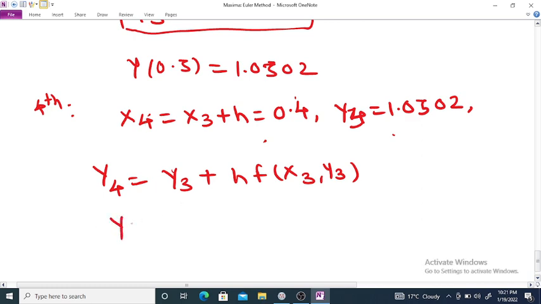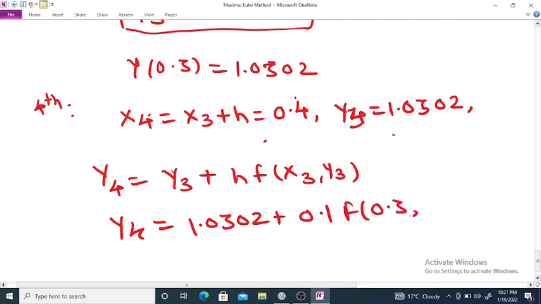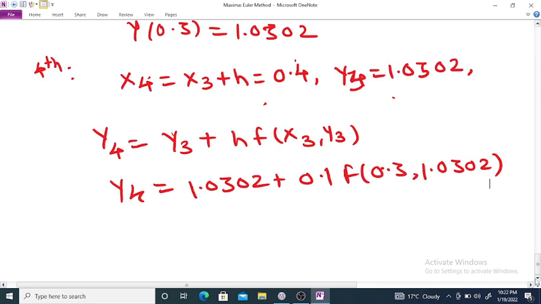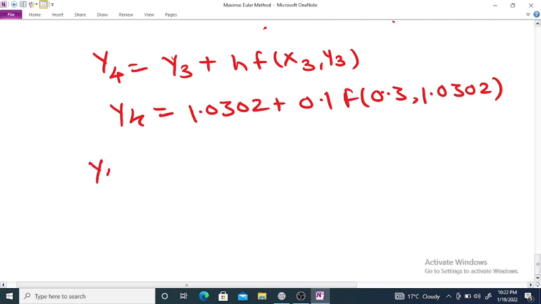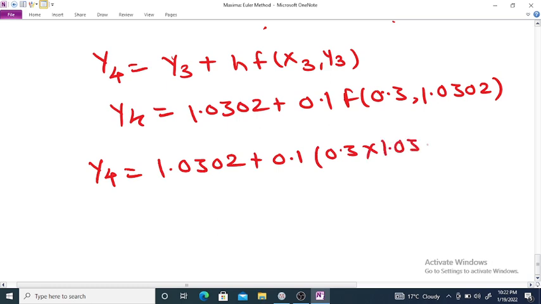So y4 is equal to 1.0302 plus h, which is 0.1, into f of x3, which is 0.3, and y3 is 1.0302. Therefore y4 is equal to 1.0302 plus 0.1 into 0.3 into 1.0302.